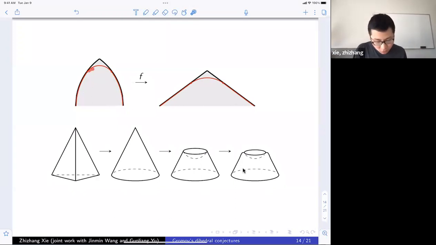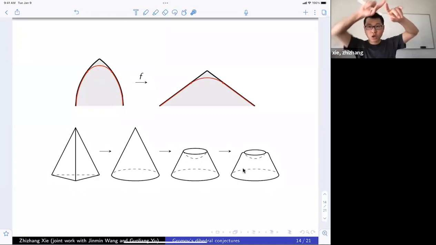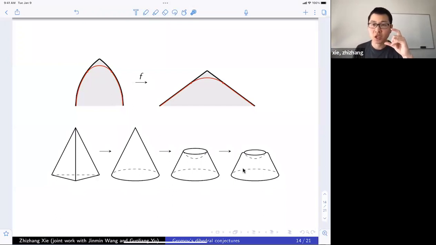But what about this extra part here? As the curve shrinks, the mean curvature will blow up like 1/r. But on the other hand, the length of this curve is also shrinking like r. So if you calculate and take the limit, the leading term is exactly the angle. And that's essentially the proof for the dihedral angle.